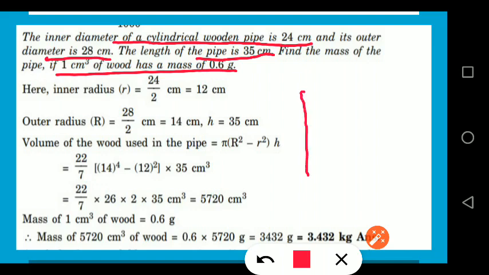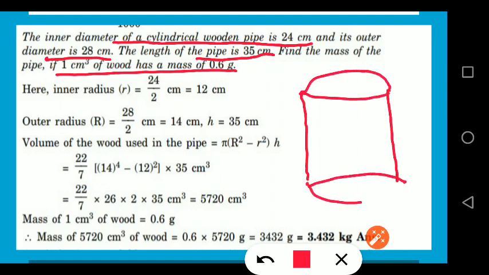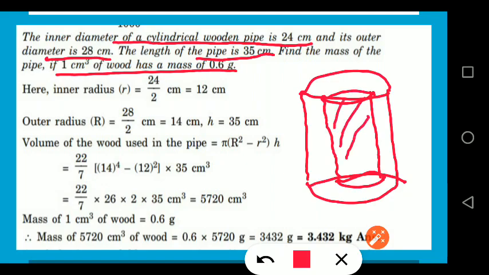What is given? We are given that it is a hollow cylinder. Which kind of cylinder is it? A hollow cylinder. So it will be like this. If we find the volume of the inside cylinder, we will get the volume of this empty part.